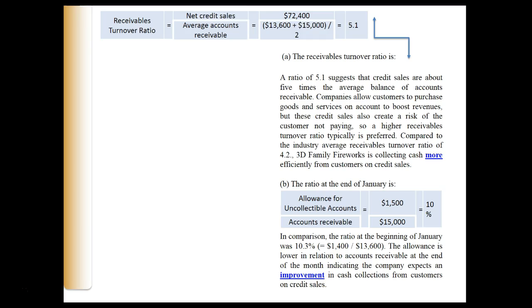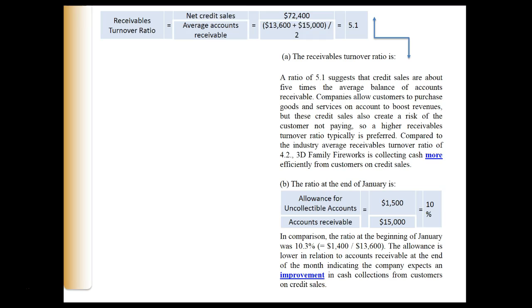So it's better than the industry average, but it still is taking a longer period of time for the monies to be collected. The ratio at the end of January, the allowance for uncollectibles, divide that by the accounts receivable.